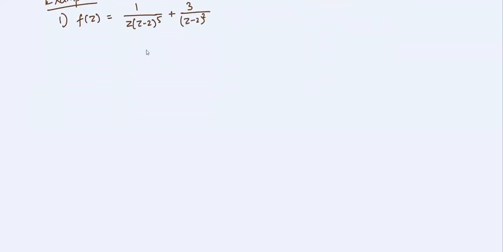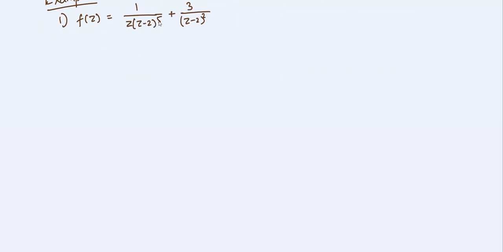Now we can further split this into partial fractions. We can get a 1 by z term and also 1 by z minus 2 plus 1 by z minus 2 square plus 1 by z minus 2 cube, like that.